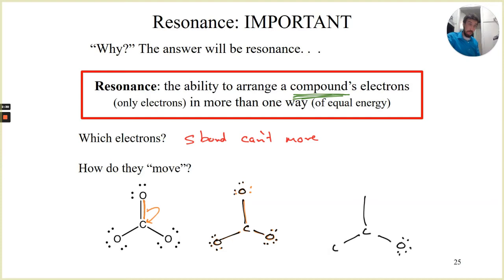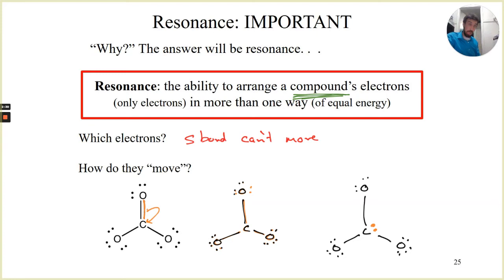All the other atoms are staying the same, except now that carbon would have those electrons. Do we still have the same atom connectivity? Well, yeah, because we have that same connectivity, we have the same compound.